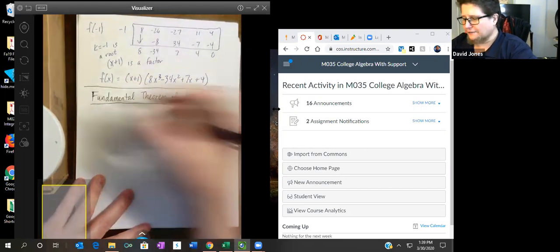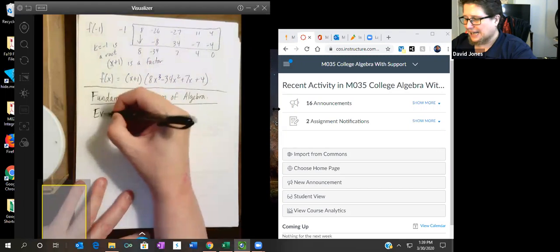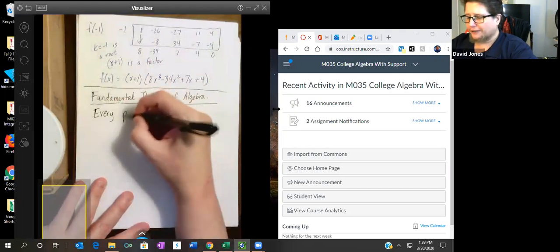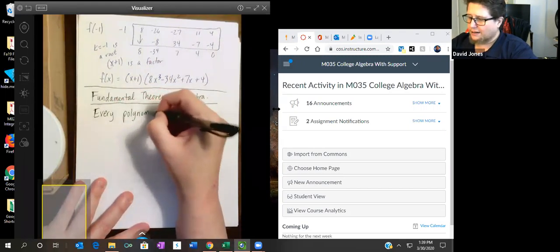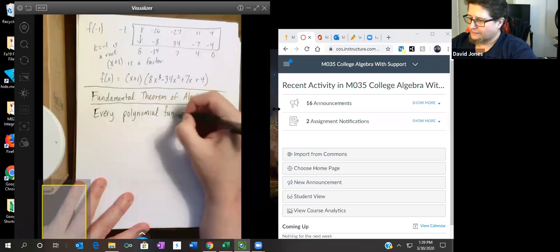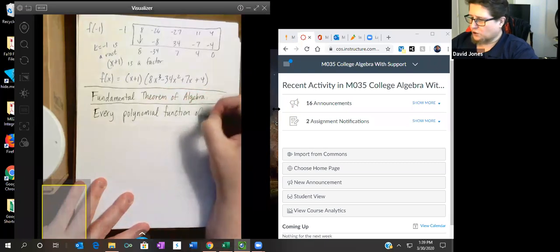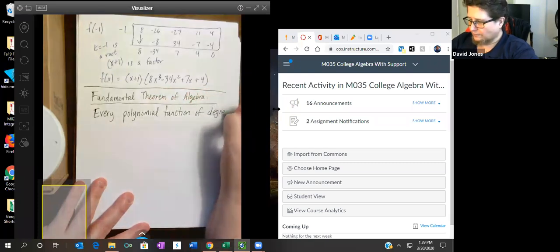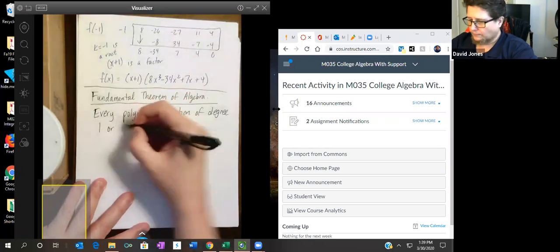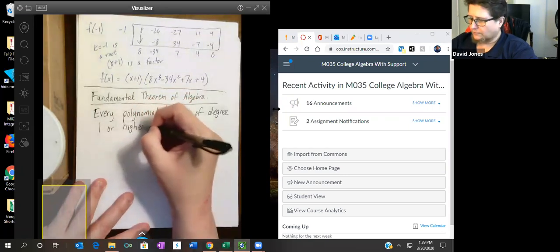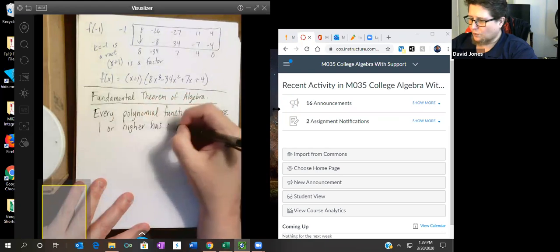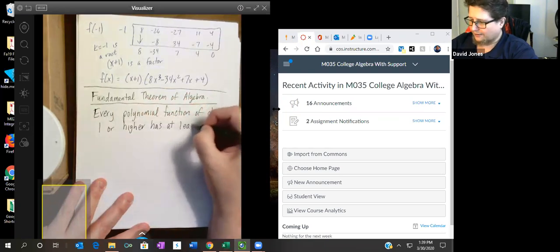And it's a little confusing because it's a little misleading. Every polynomial function of degree 1 or higher has at least one complex 0.